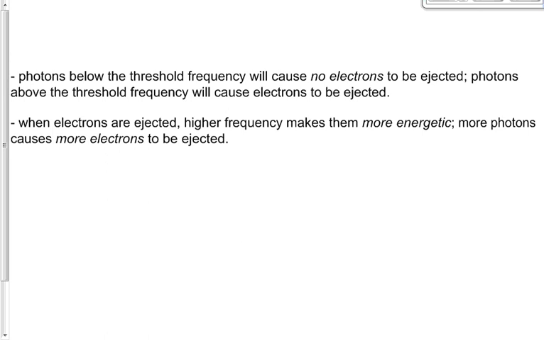But if you're way above the threshold frequency, then the electrons will be more energetic. In other words, they're going to be faster moving. So the electrons will still come out in a 1-to-1 ratio. They're just going to be moving a lot faster than if we were just barely above the threshold frequency. Does that make sense?